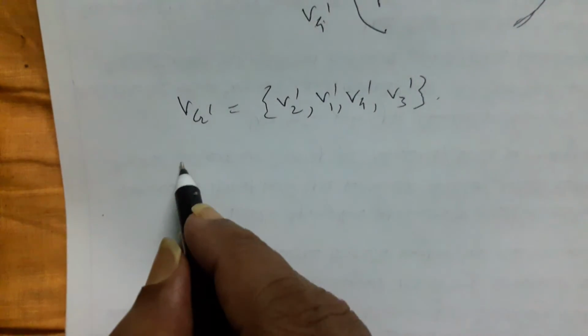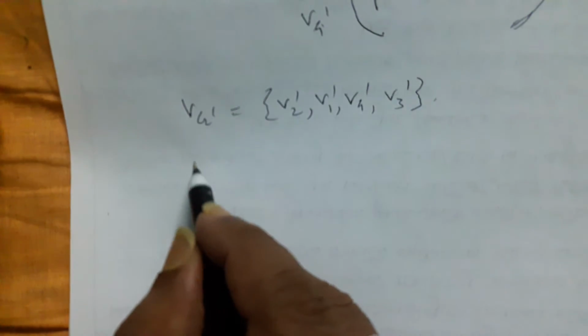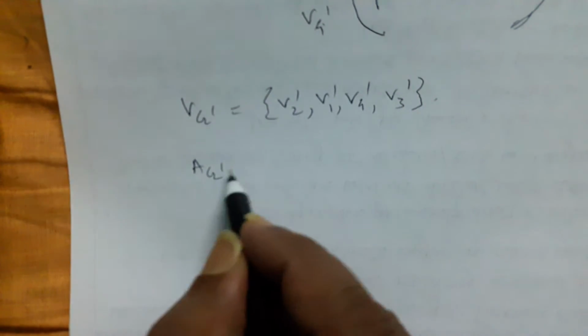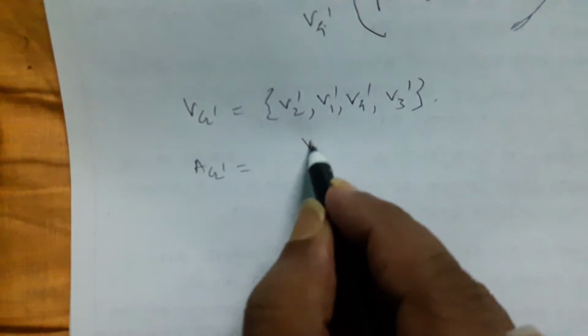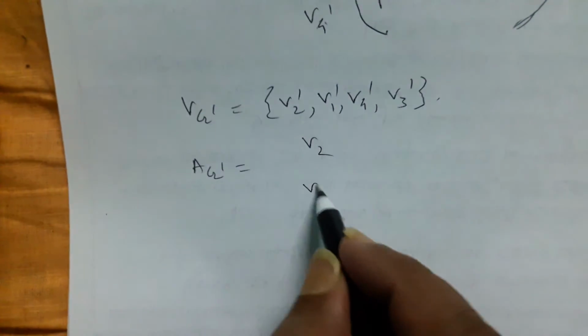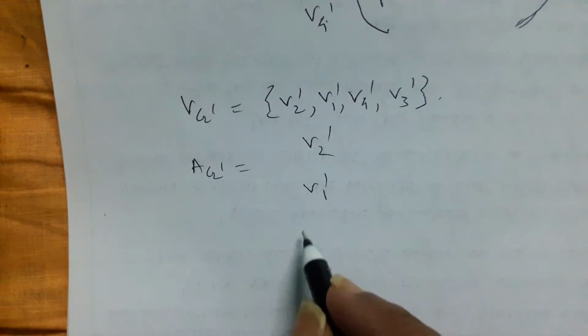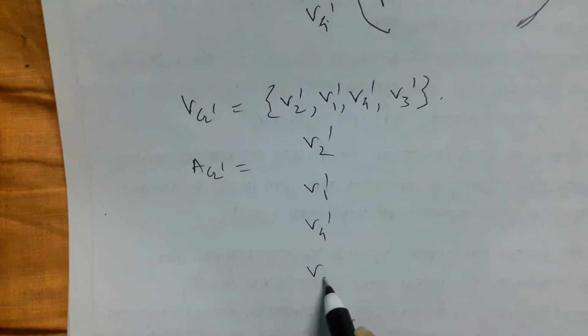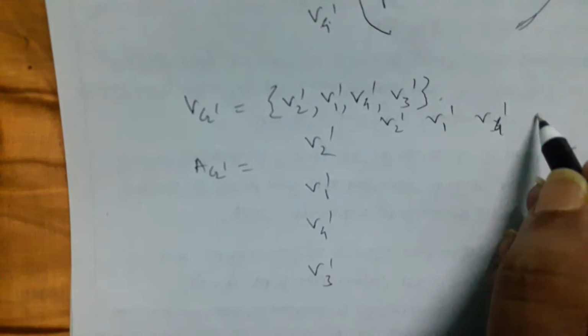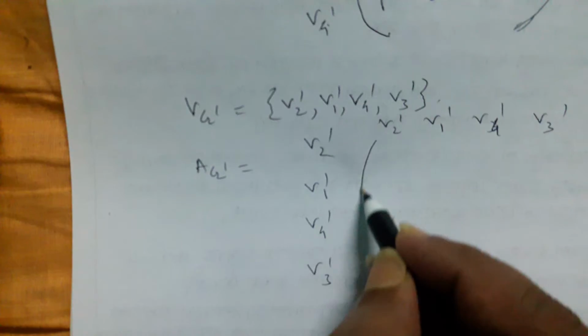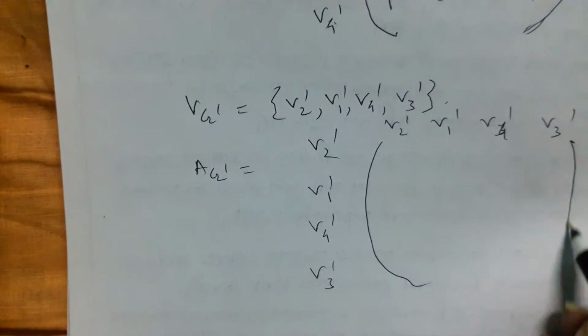We can find another adjacency matrix that will also be of order 4 by 4. Then we can arrange the matrix with V2 dash, V1 dash, V4 dash, V3 dash on both the rows and columns.